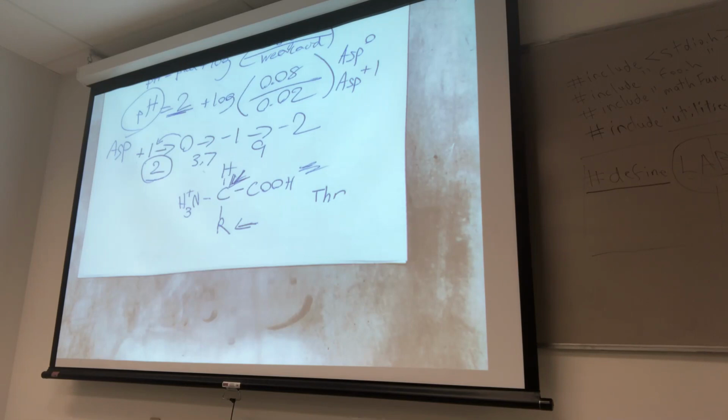There might be more than that. I don't remember the entire structures of all of them anymore. I'm not taking the class. You guys go study your structures, and given multiple choice answers, one of them may have more than 1 chiral center. The only one I remember off the top of my head is threonine, but there might be more than that. Okay. All right.